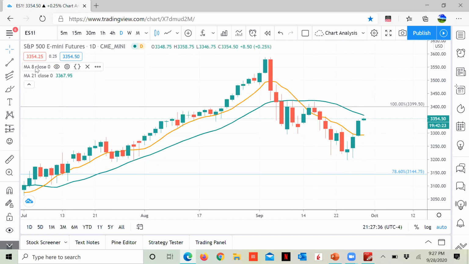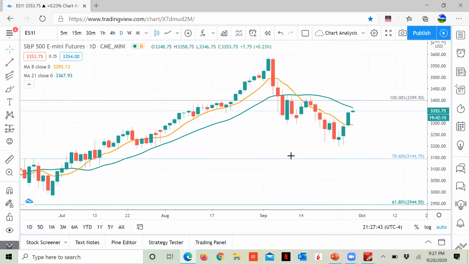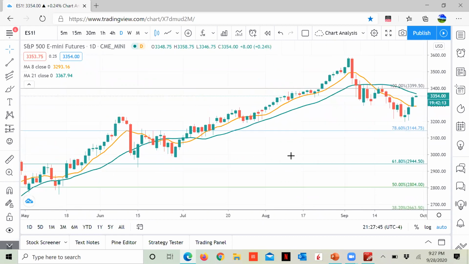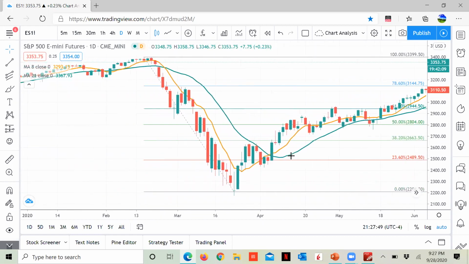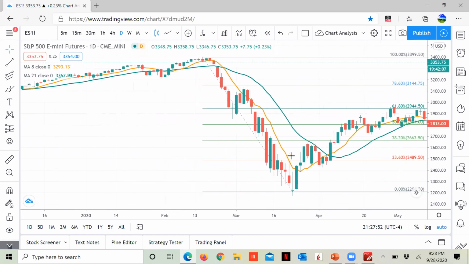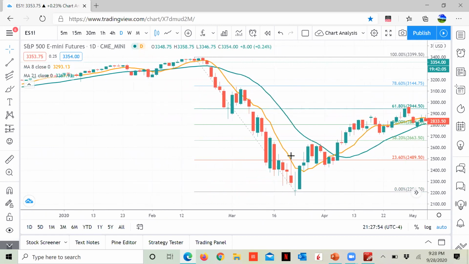So if I were to do it similarly with 50 versus 200, I'll see a similar pattern. You see here, a perfect example in March. When this fast moving average crossed this slow moving average here, it's all bearish downtrend.